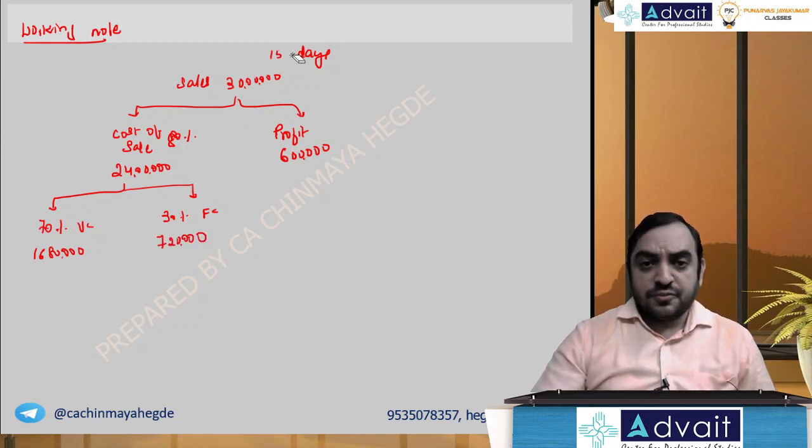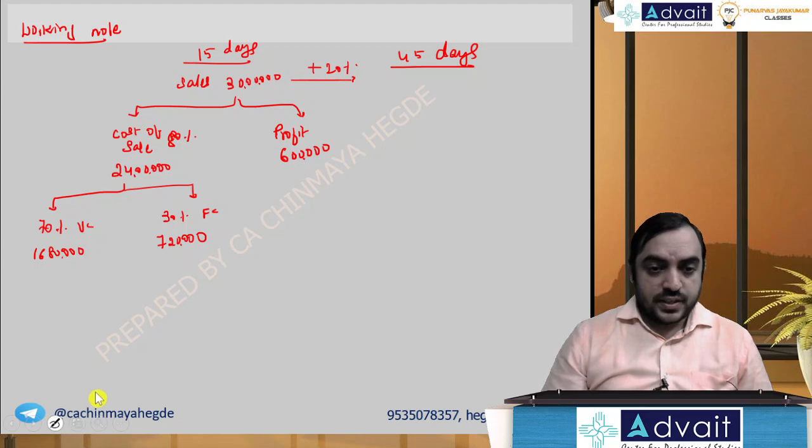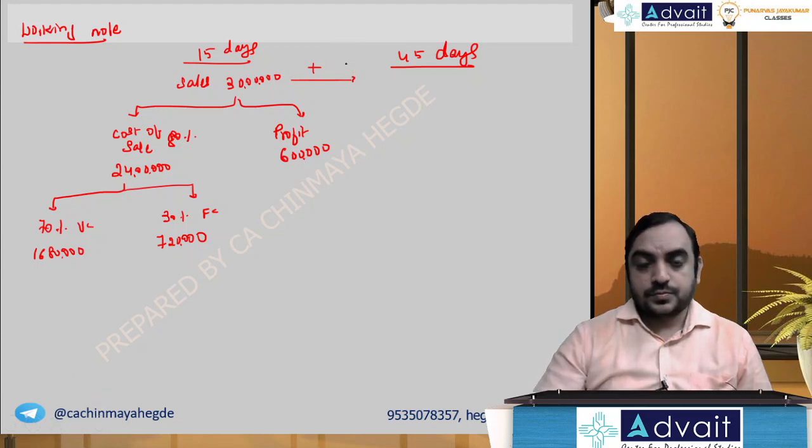You can do the same thing for 45 days also. Same thing. Sales increased by 20%, right? So 20% of 30 lakhs means 6 lakhs. So sales becomes 36 lakh.